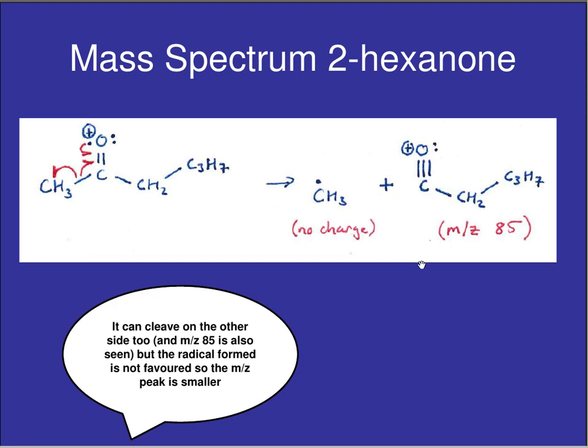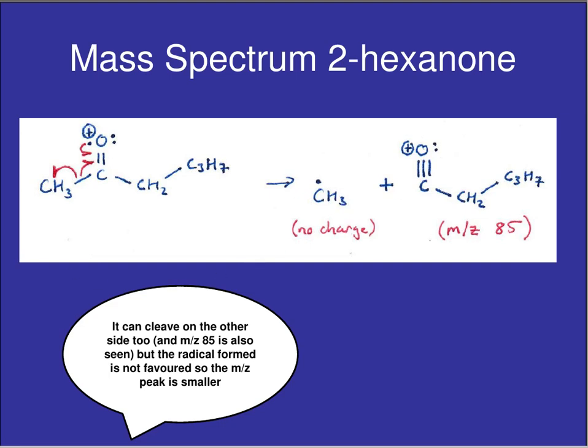Of course, remember that the peaks you see are dependent on the stability of the fragments that are formed, and a methyl radical is really unstable, so we expect to see m/z 85 to be a much smaller peak than m/z 43, because we would have to form a very unstable radical to get m/z 85.